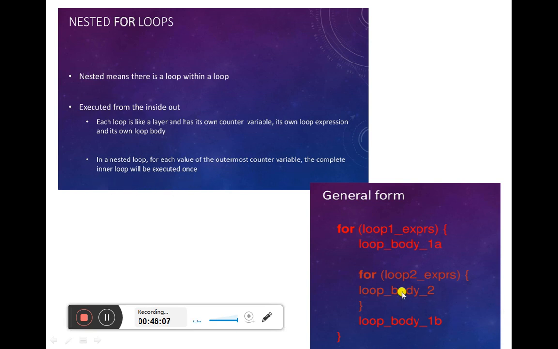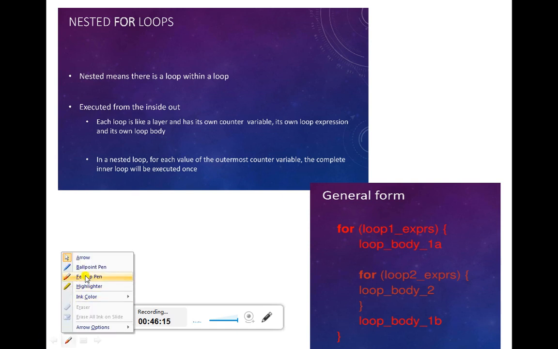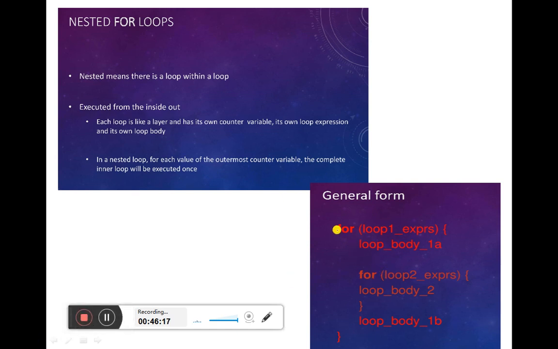You can see you got one for loop here that starts here and ends here. And inside this, you got one more for loop that starts here and ends here. So this is what I call nesting one loop inside another loop.